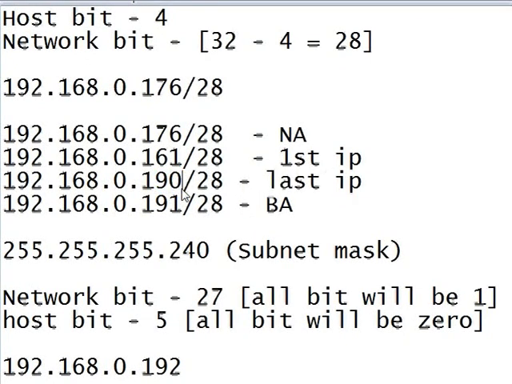So this is my subnetwork. This is my network address, my first IP, last IP, broadcast address, and this is my subnet mask.